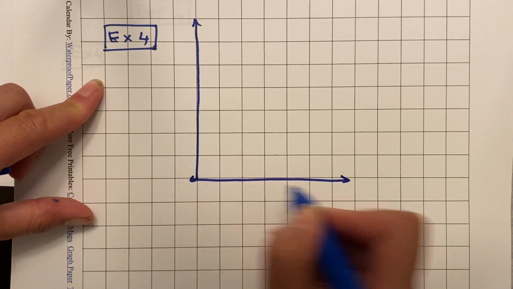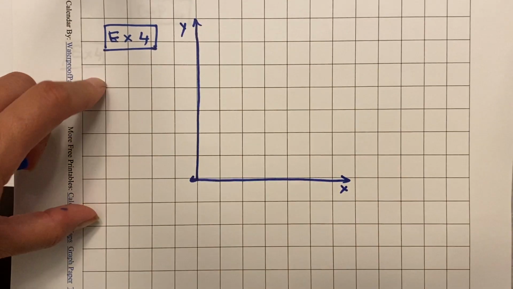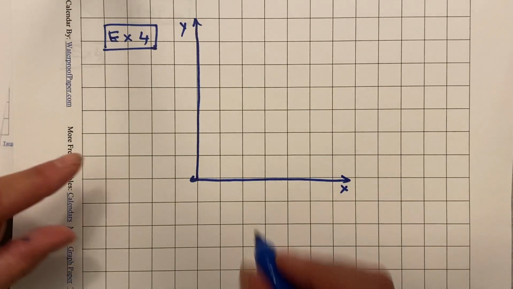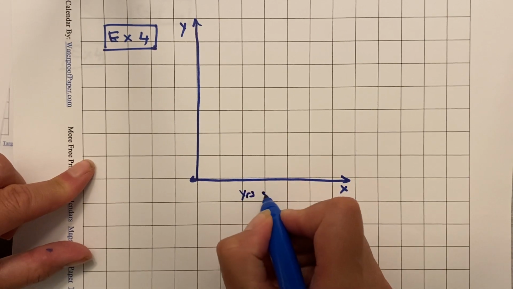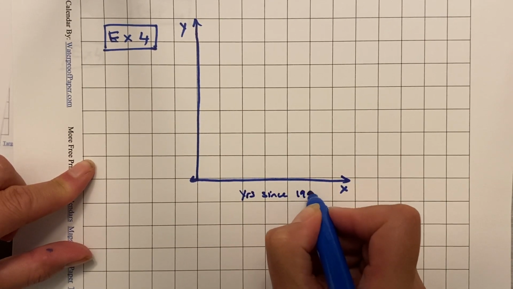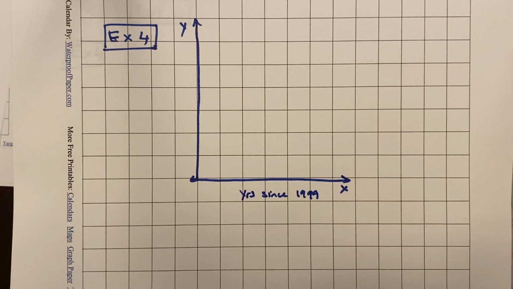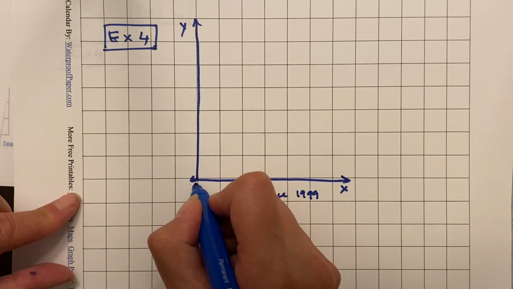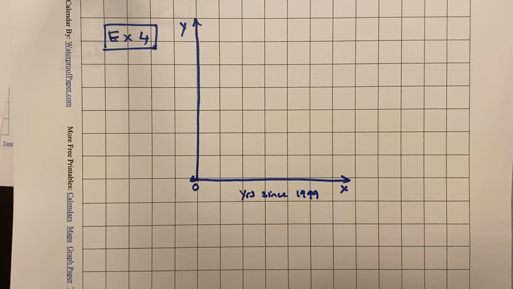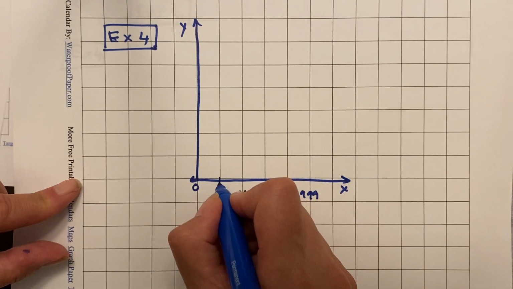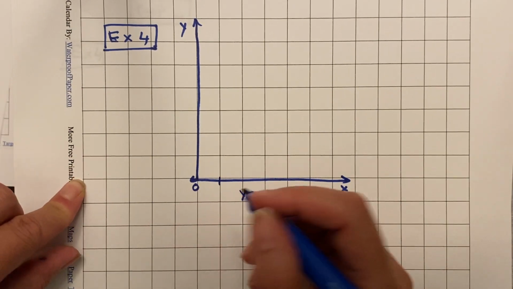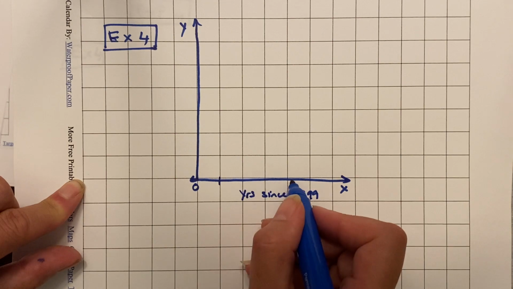We're going to start with a graph, x, y. In this case, x is years since 1999. So year 0 again is 1999. If there's 0 years since 1999, it's this year, right? And we're going to go up to 6. So 1, 2, 3, 4, 5, 6.